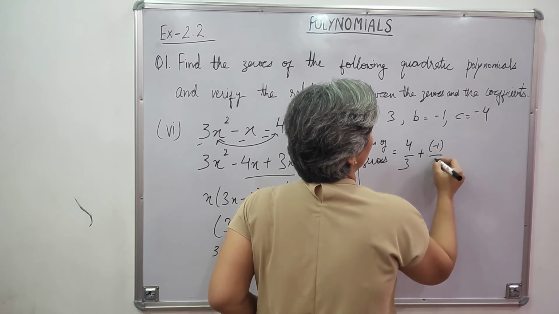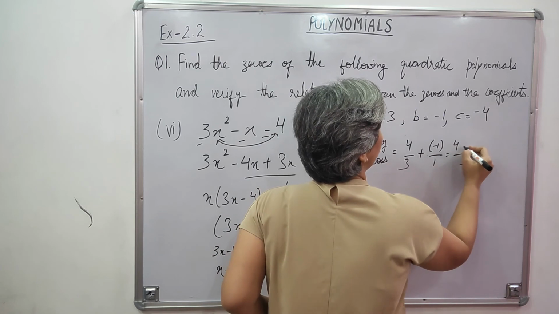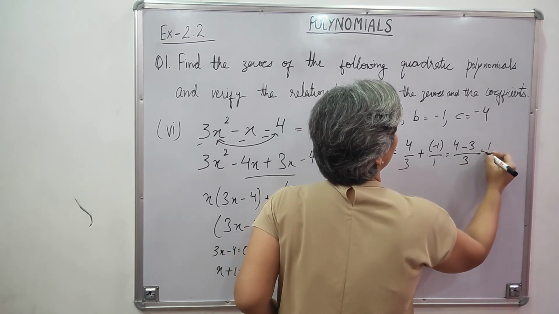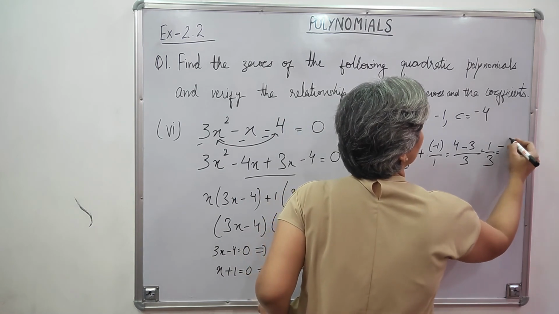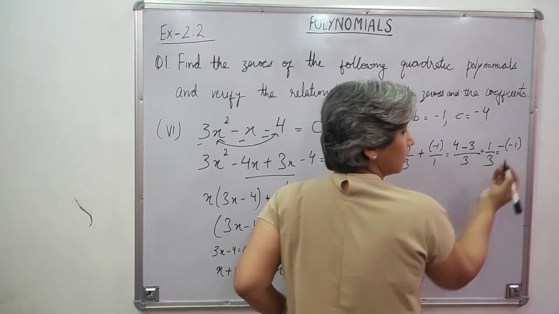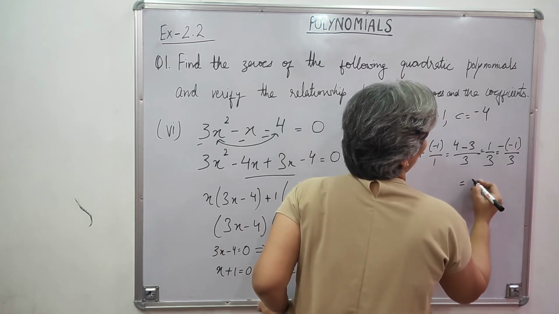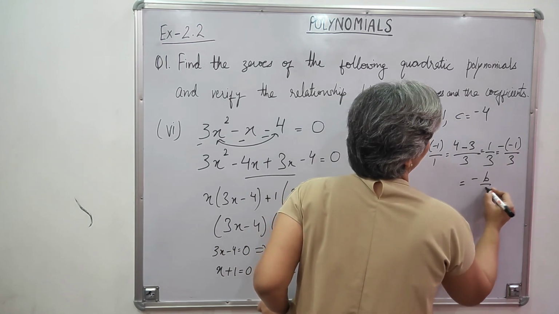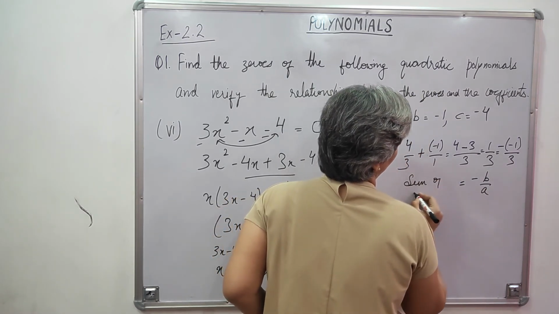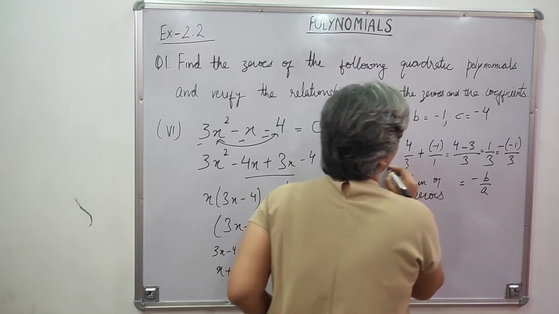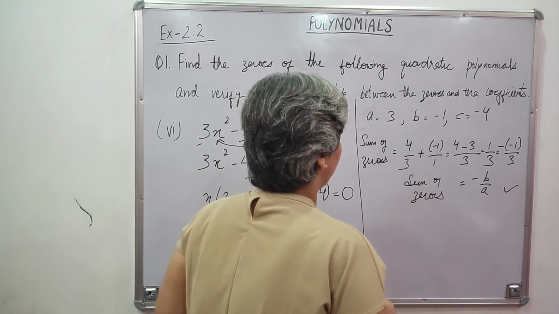Plus minus 1 by 1, which will give me 3. 4 minus 3, it will be 1 by 3, or we can say minus of minus 1, which is nothing but plus 1 only, upon 3, which is minus B upon A, right? So sum of zeros from where we started, the verification is done for sum of zeros.